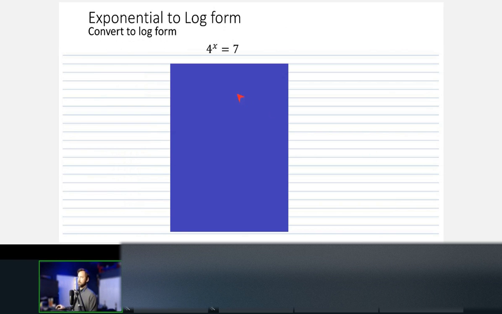All right. This one. Exponential to log form. You have a choice. You can use the conversion formula, which I don't like nor have memorized, or we can just do the math to convert it into log form. So what do we do to convert that?